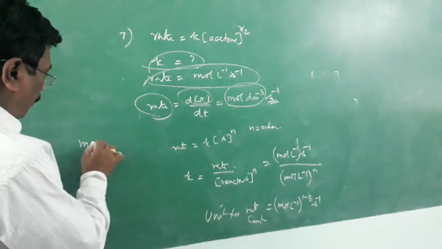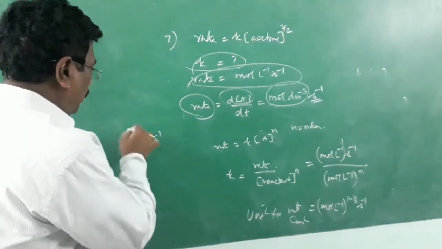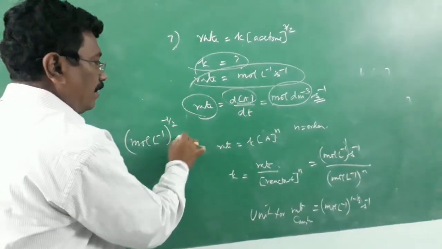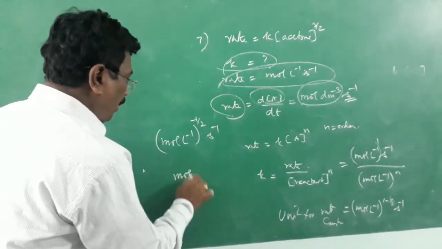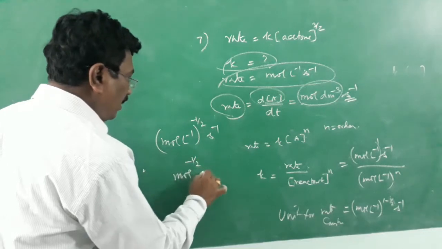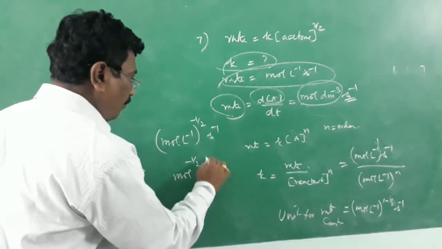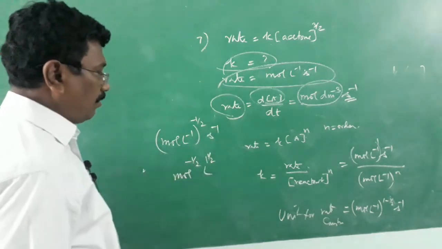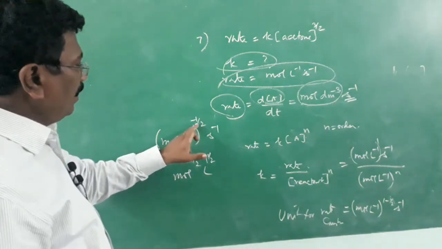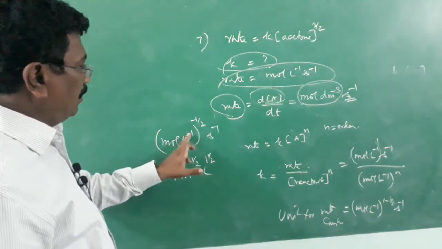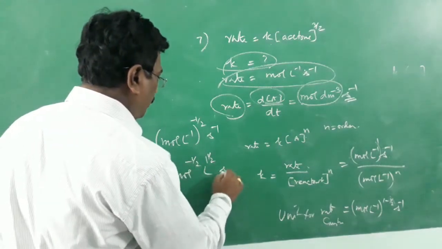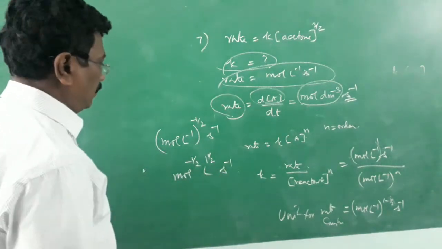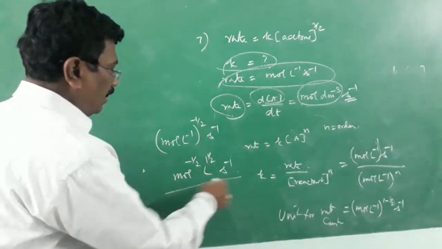Mole per liter to the power minus half per second. In other words, mole to the power minus half, liter to the power 1.5 or 3 by 2, whatever it may be, per second.